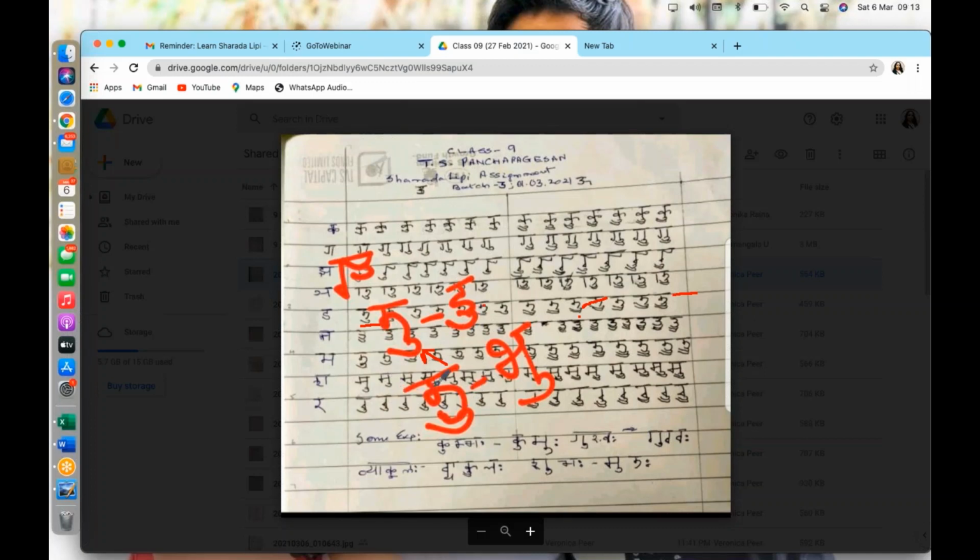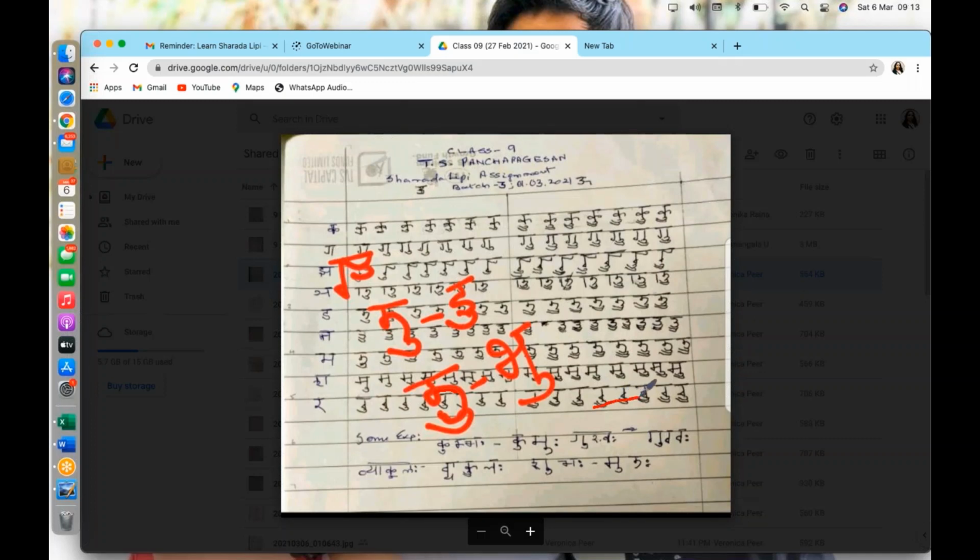In case of bu, the matra here again, make the upper curve and the matra very clear. So for example, in case of bu, if you're drawing this, as it's shown, this is the curve of bu.